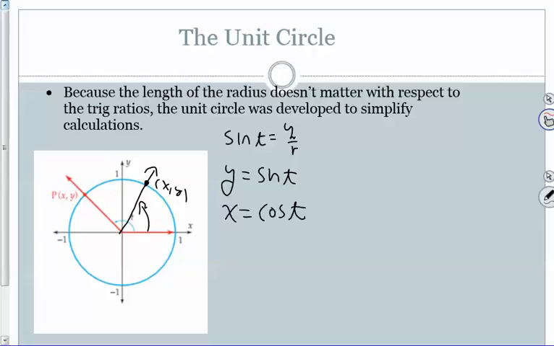And the tangent of t is supposed to be y over x. Then the tangent of t is equal to sine over cosine.